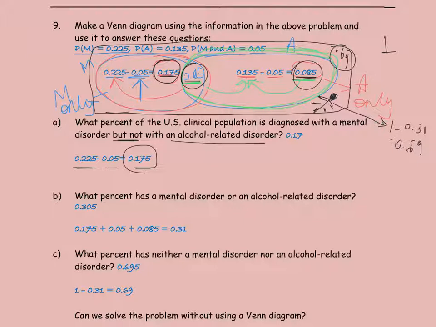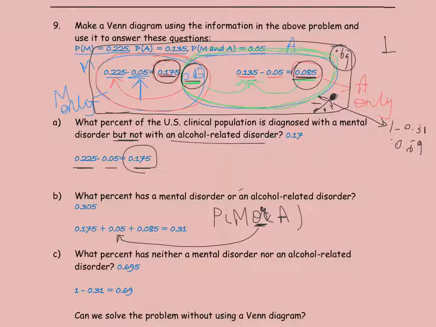Now what percent has mental disorder or alcohol related disorder? So it's the probability of M or alcohol related disorder. The important thing to remember is when the statement says this or that, it also includes the overlap, which is 0.05.